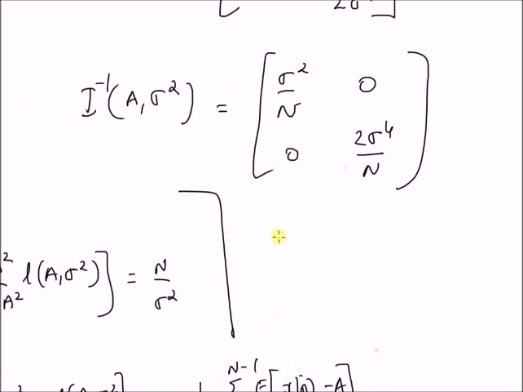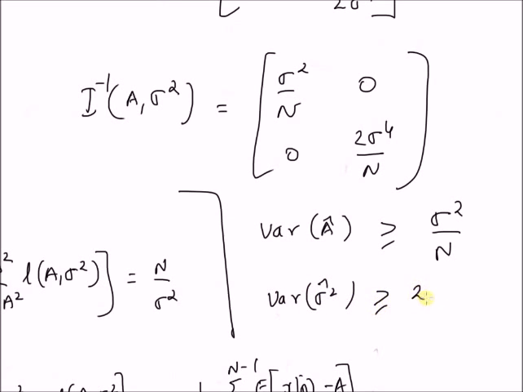Therefore, the CRBs on the estimators a hat and sigma square hat are: the variance of a hat is bounded by sigma square over n, and the variance of the estimator sigma square hat is bounded by 2 times sigma power 4 by n. Thus, we can derive the CRBs in the case of a vector of parameters.